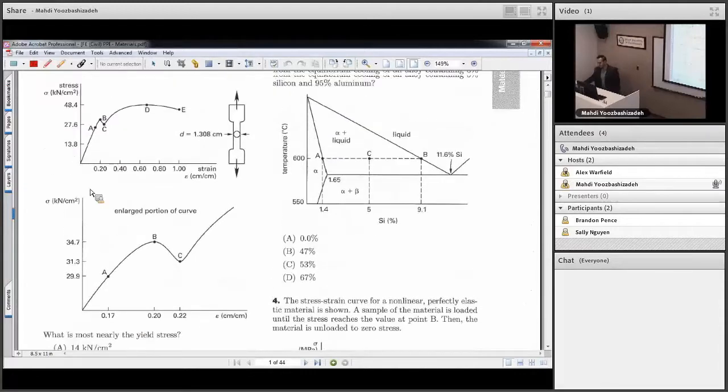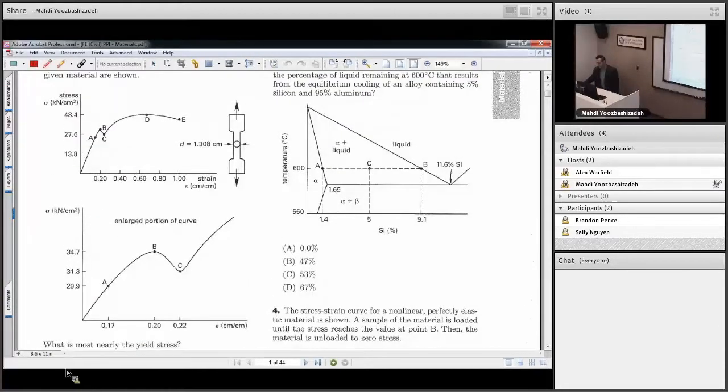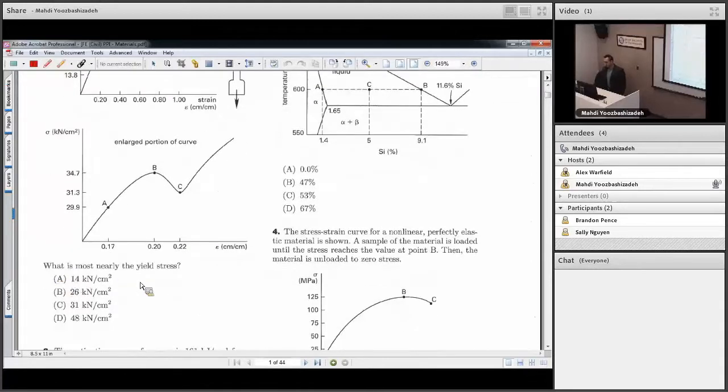The initial portion, which focuses on the elastic range, has been elongated, and it's asking what is nearly the yield stress.